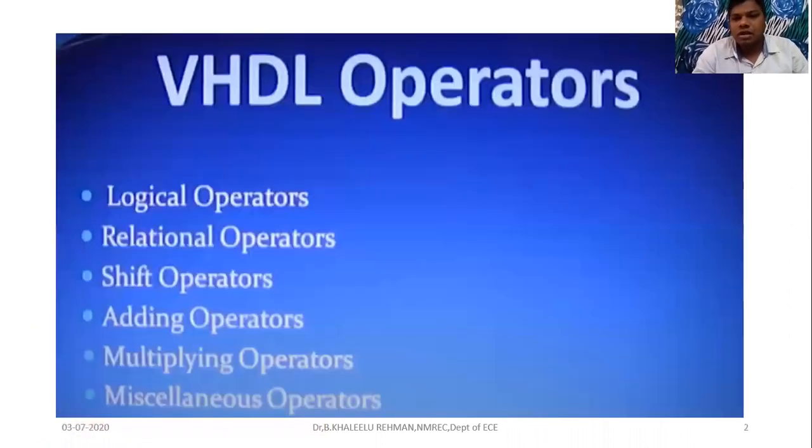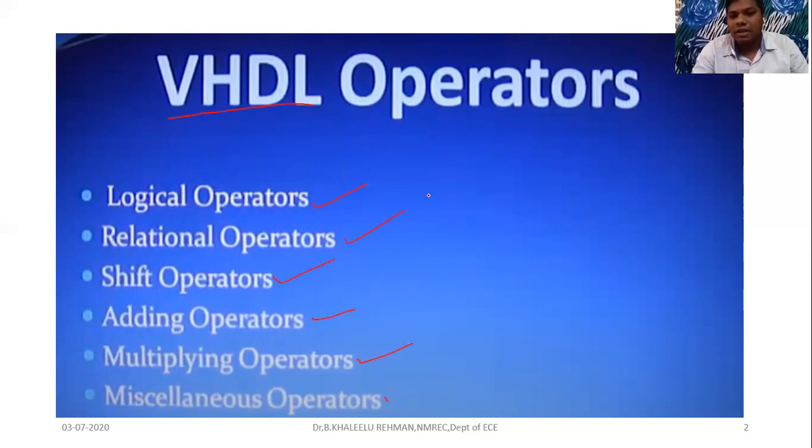Coming to the VHDL operators, I already discussed VHDL in the previous lecture. VHDL stands for Very High Speed Integrated Circuit Hardware Description Language. We have the logical operators, the relational operators, the shift operators, the adding operators, the multiplying operators, and then the miscellaneous operators.